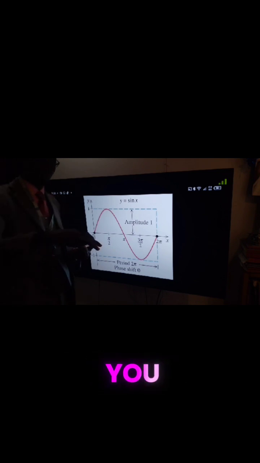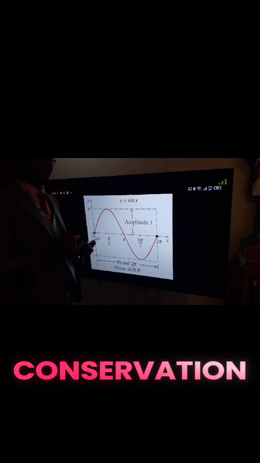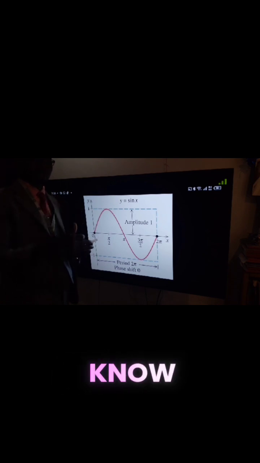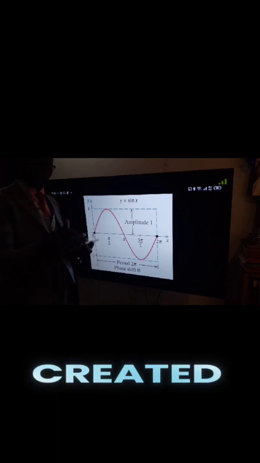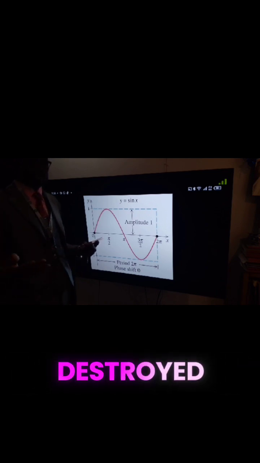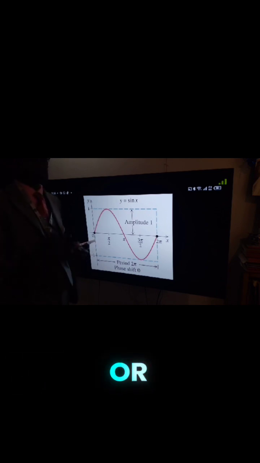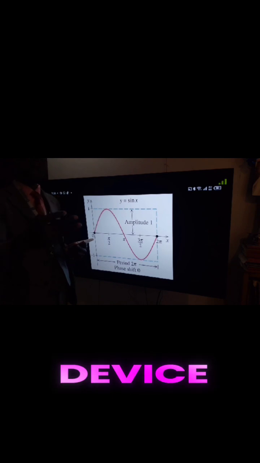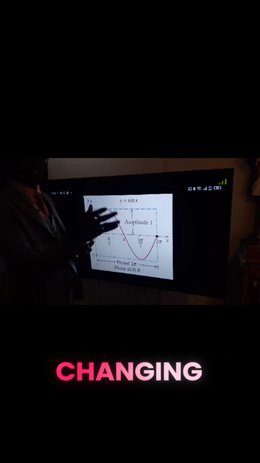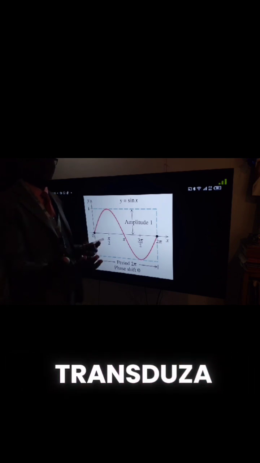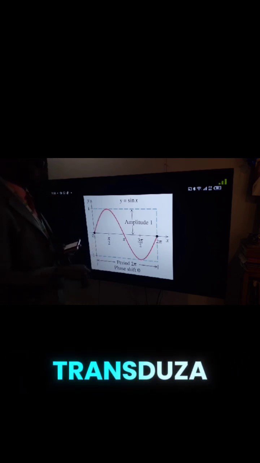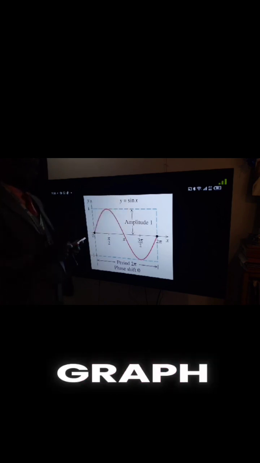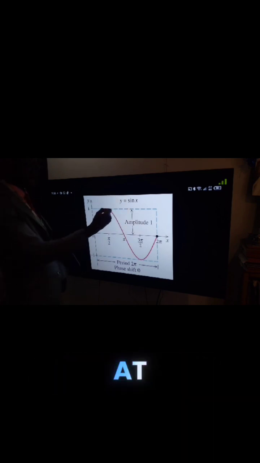That takes you also to the law of conservation of energy. It can only be transferred or transformed from one form to another. The device that we use in converting energy from one form to another is called a transducer.